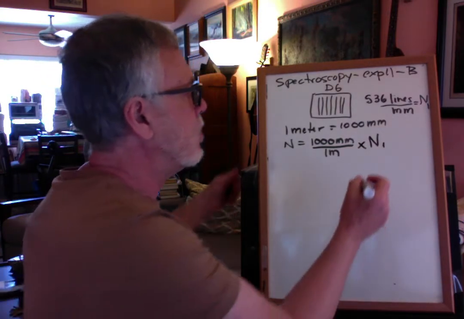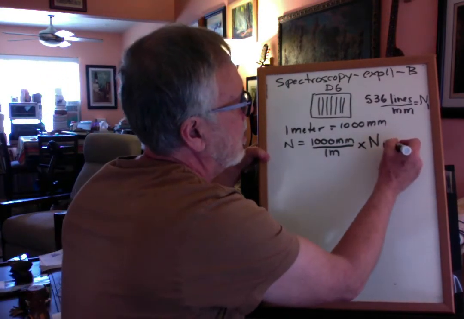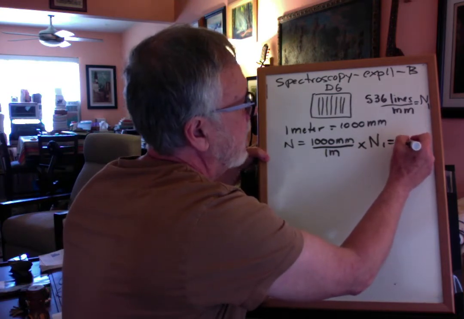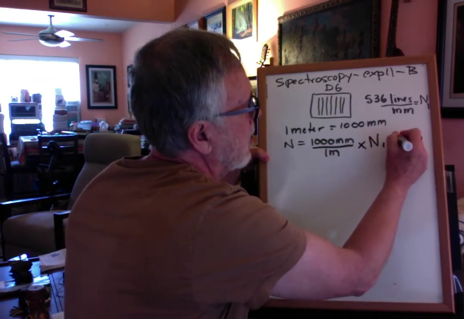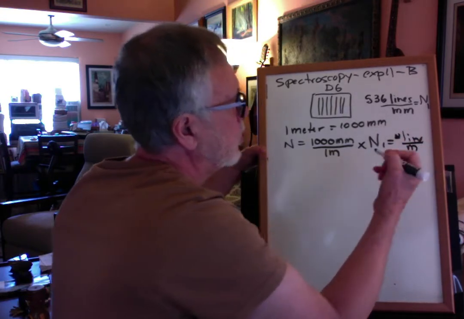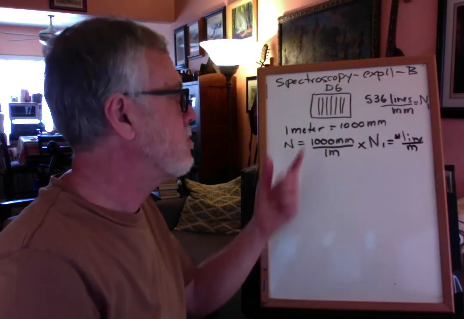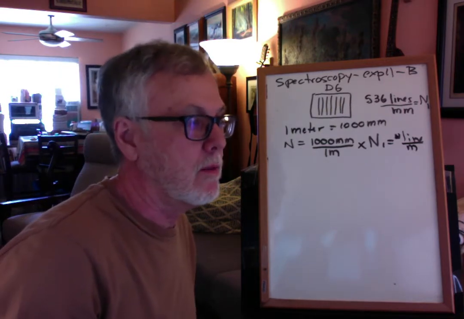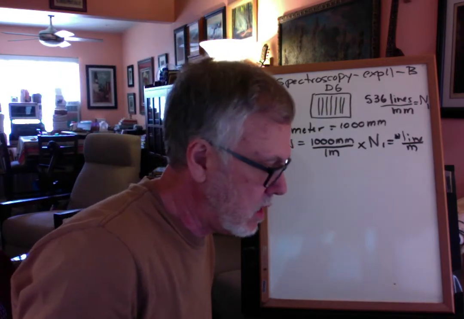And so what that'll give you then is the number of lines per meter, which is what you want. So simply you're multiplying N1 by 1,000. You can see that. Okay?